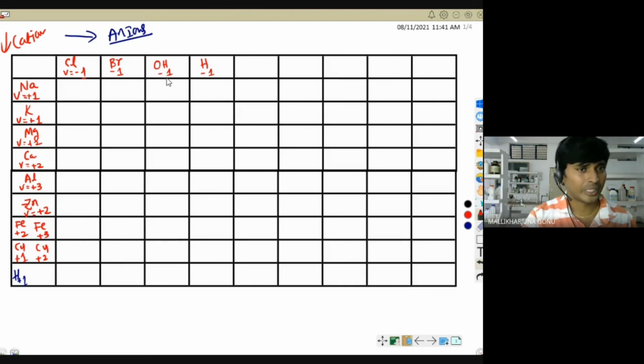Cl, Br important. Okay. Then -2. Oxygen, valency how much it is? -2. Sulfur -2. Then nitrogen -3. Then sulfate SO4 -2. Then phosphate -3. All these are the valences, whatever I am writing down.